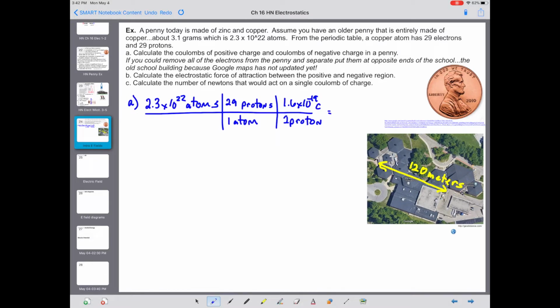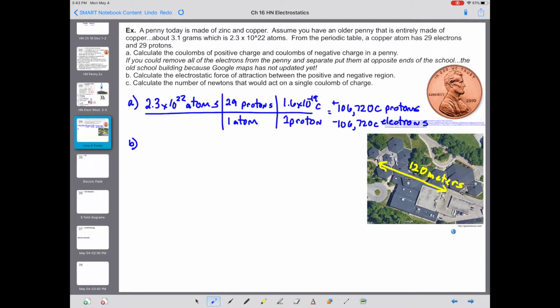So when we go across that picket fence, that's going to tell us 106,720 coulombs of protons. If we did the same calculation for electrons, your numbers are going to be the same. And so then we're going to have 106,720 coulombs worth of electrons. Your only difference is your protons will be that positive charge, your electrons will be that negative charge.